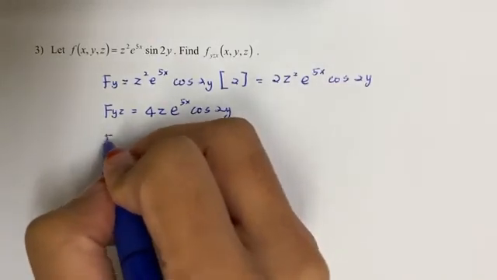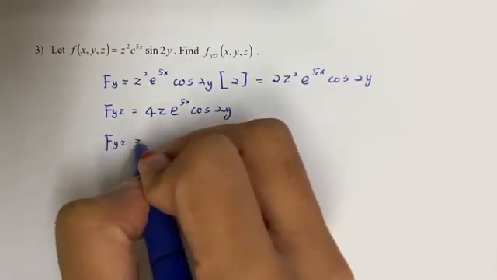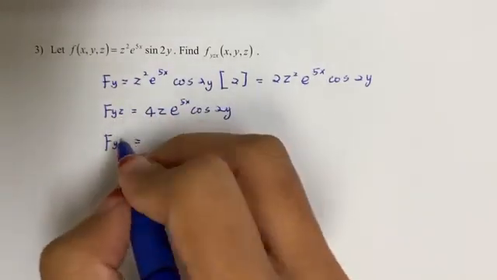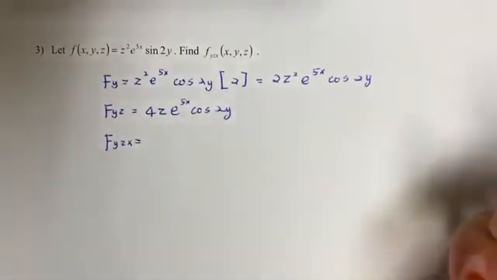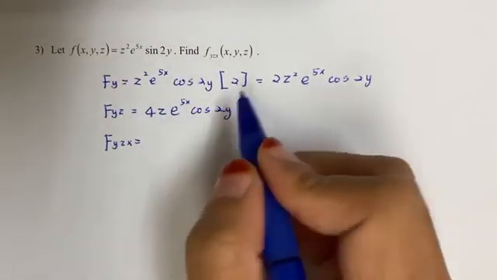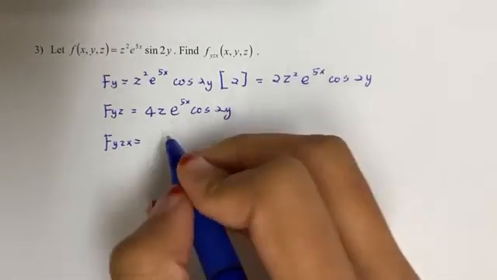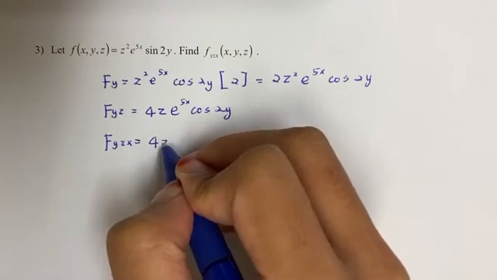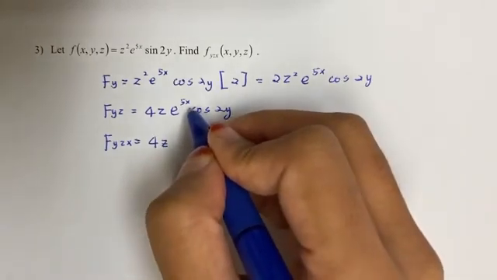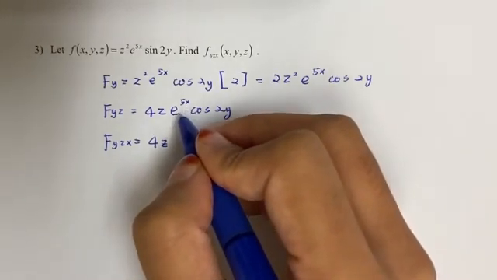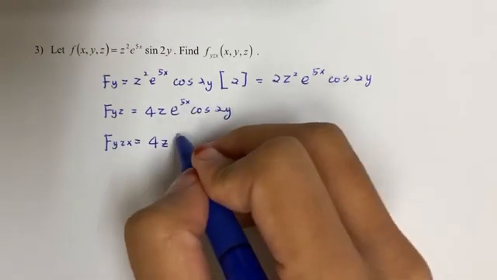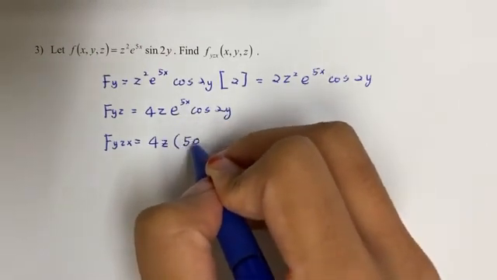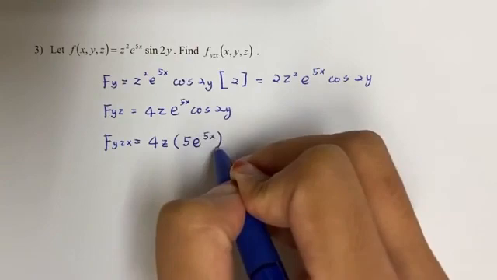And the last step is to find fyzx. Differentiate again with respect to x. So 4z remains. Differentiate exponent 5x with respect to x, you have 5 exponent 5x.